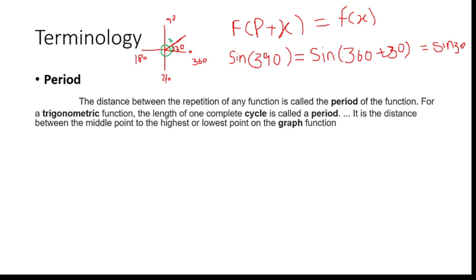So notice here, this is called a periodic function. Our function repeats its value after a certain interval, and the graphical representation we will see in our next slides, okay? This interval is called a period, okay?